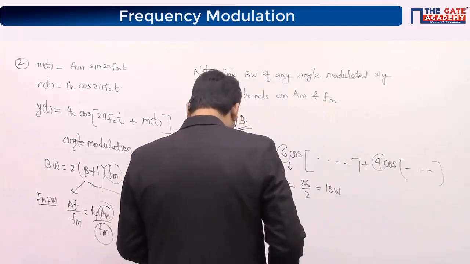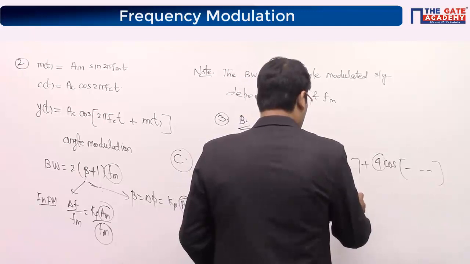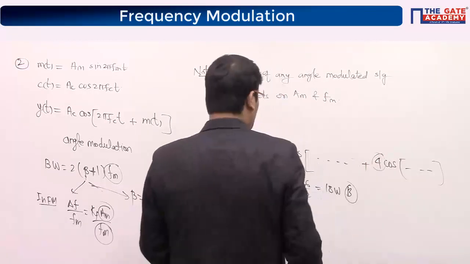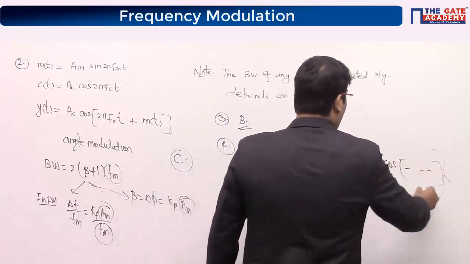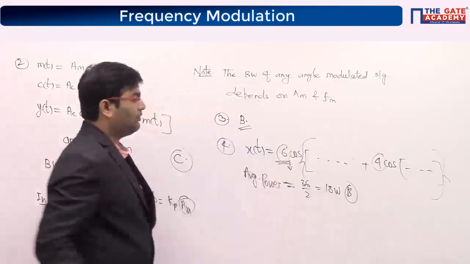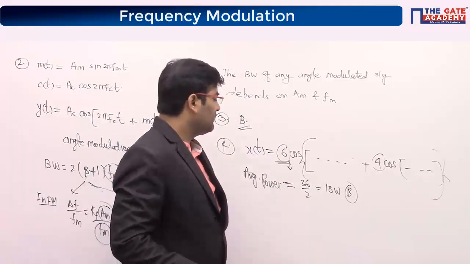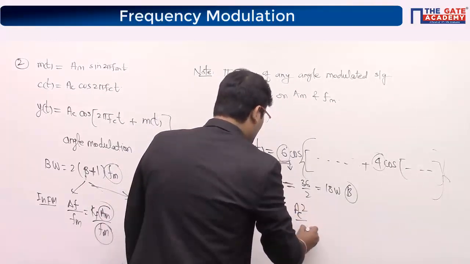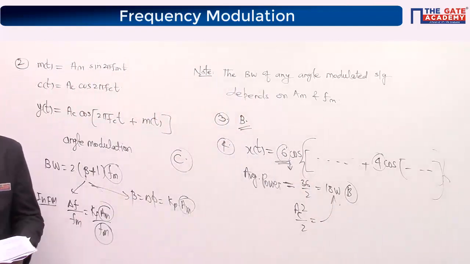So for me, the answer is coming as option B. The 4 is inside this, so I don't care; I only have to care about the 6. The formula I have used is AC square by 2, 18 watts. Next question, guys.